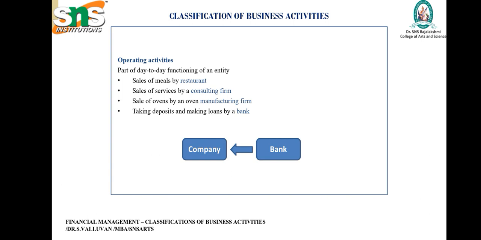For a manufacturing firm, it is manufacturing and selling inventories. In this example, we have given the sale of ovens by an oven manufacturing firm. It's an operating activity for that company. For a bank, taking deposits and lending money is a core activity, so it is an operating activity for a bank.